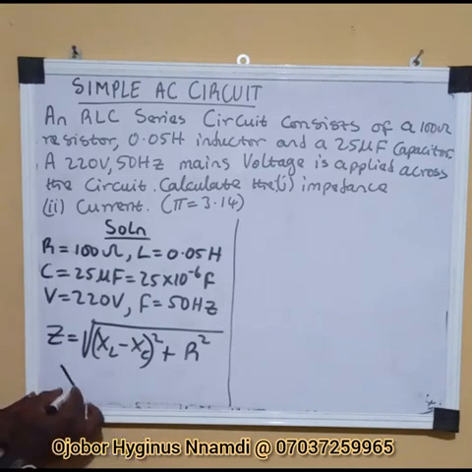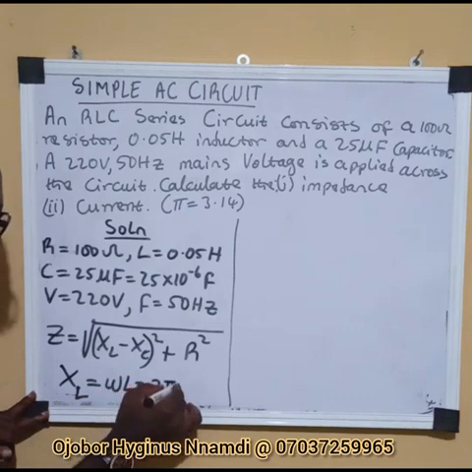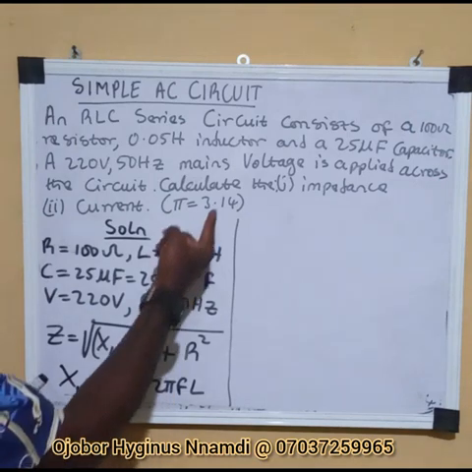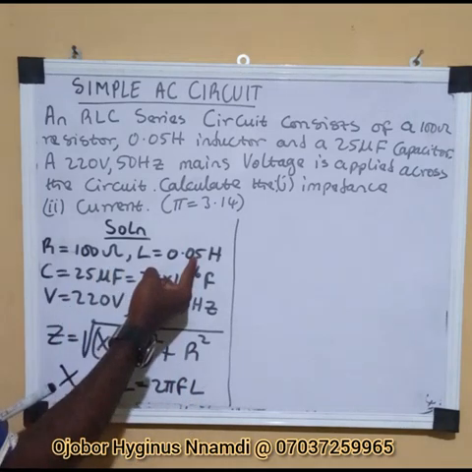The inductive reactance is gotten by angular speed, that is omega L, which is 2 pi f L for an inductor. We know pi is given as 3.14, f is the frequency and L is the inductance.